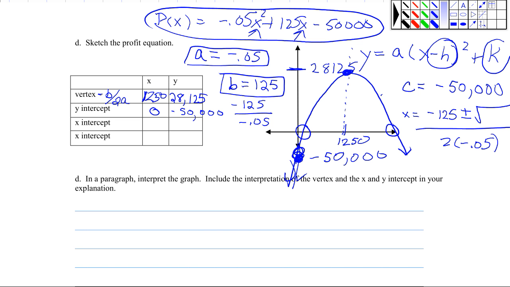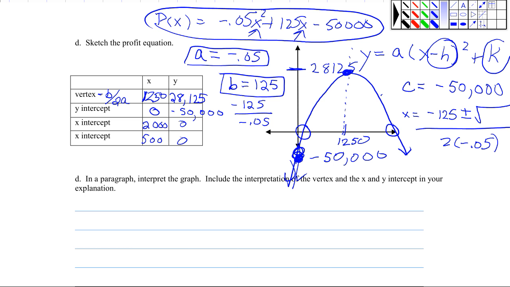I will do this arithmetic and I will get my x-intercepts as being 2,000, 0, and 500, 0. Those are the two x-intercepts.